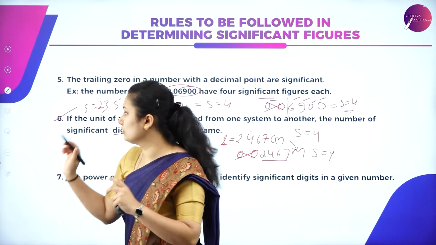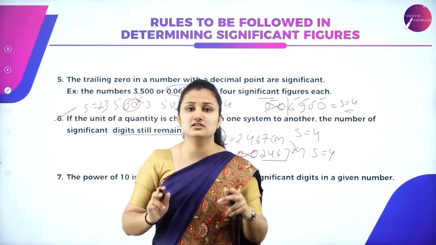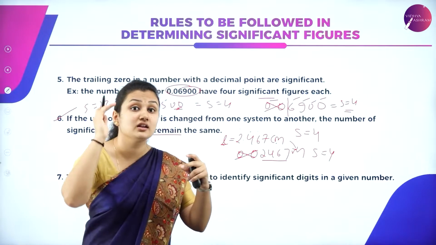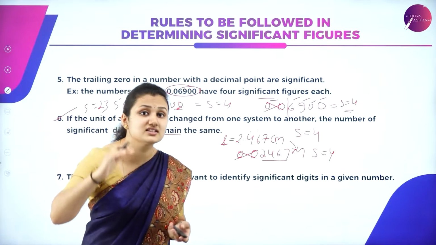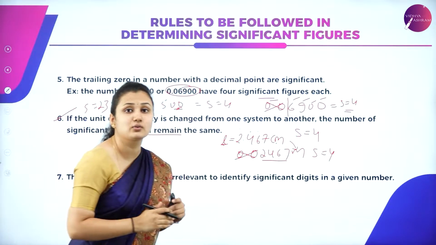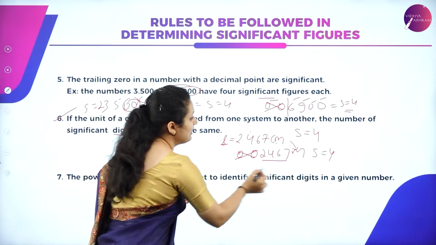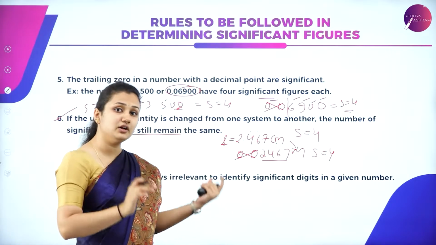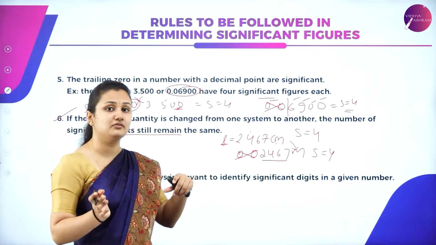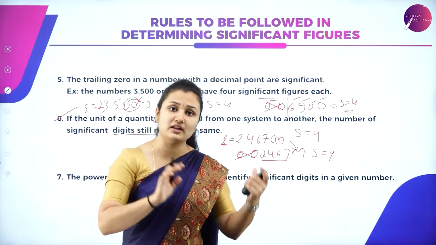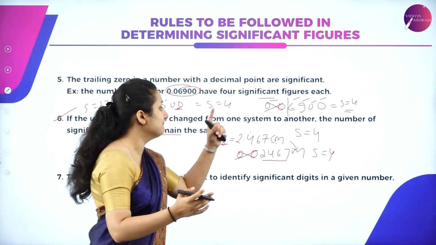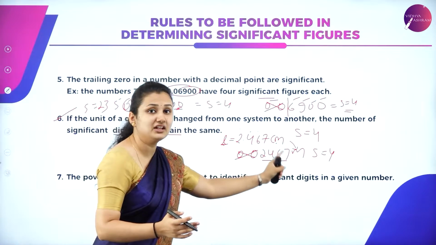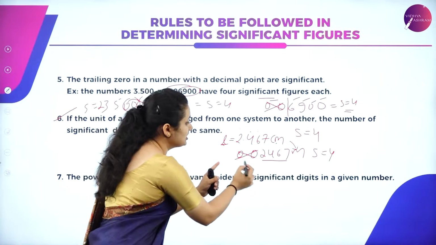When you deal with rule 4 or rule 5 or rule 6, don't think only about the numbers. Remember all the rules. Then only are you able to calculate the significant figures in this length measurement. Even when you convert from centimeter to meter, you can see 2 zeros coming up.